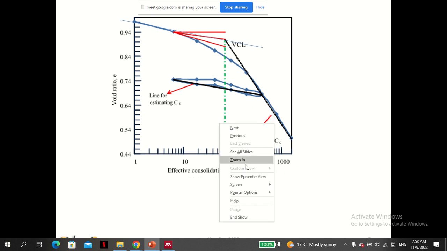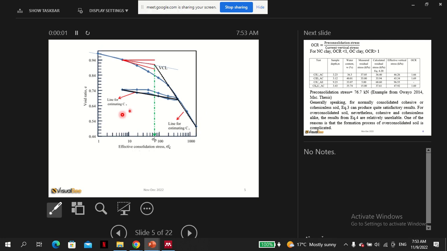Of course, the estimations from either of the methods should be the same. So you draw a tangent, and the tangent there where they meet is the pre-consolidation stress. Some other authors suggest you can take the point where the gradient changes the maximum, draw two lines, and then bisect.